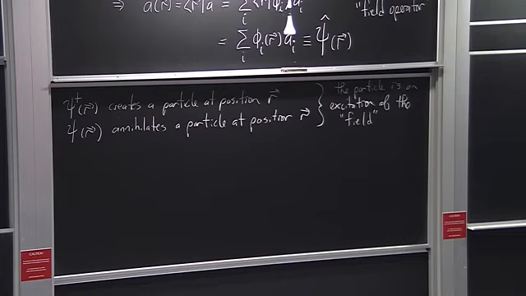And what we're going to do is take these field operators and use them in a d+1 dimensional path integral expression in order to write the full field theory for the many-body system.